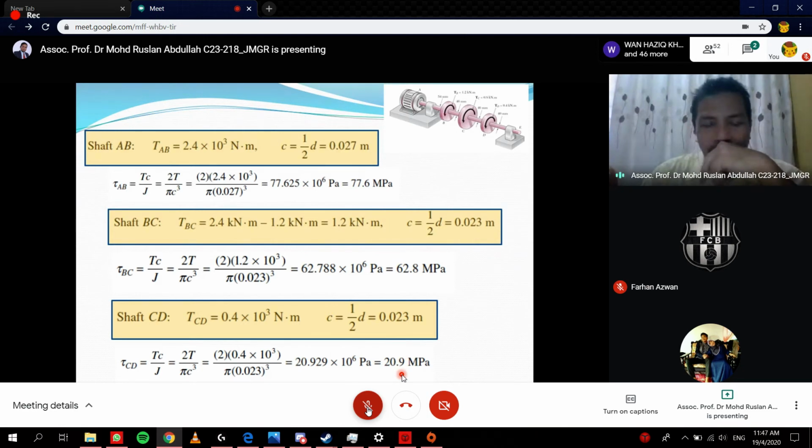That is the level of stress in each section. And the tau for section DE equals 0. Why 0? Because the net torque between D and E is 0.